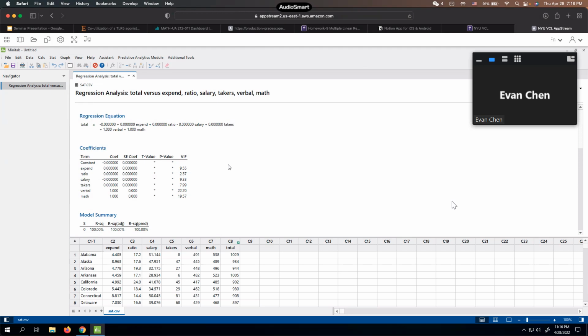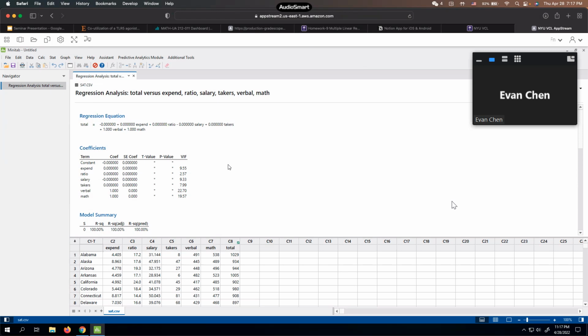I didn't use the expand, the ratio, the salary, the takers. I didn't use those four parameters at all. I only used the verbal score and math score. By doing so, my forecast is 100% correct. My residuals are zero. So that's why you don't want to do a multiple regression in this case.